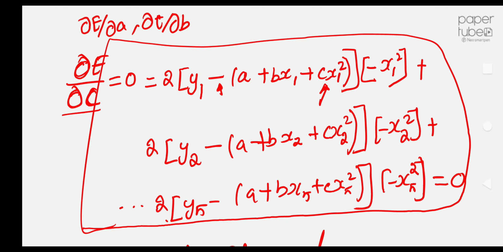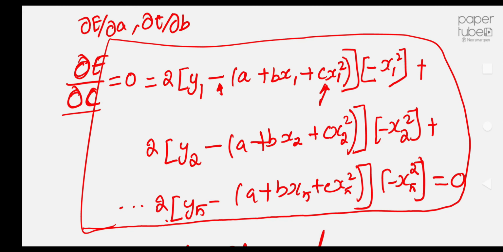Let's put summation i = 1 to I of (y_i minus (a + b x_i + c x_i squared)) the whole squared, multiplied by minus x_i squared. So just multiply this whole term with minus x_i squared.